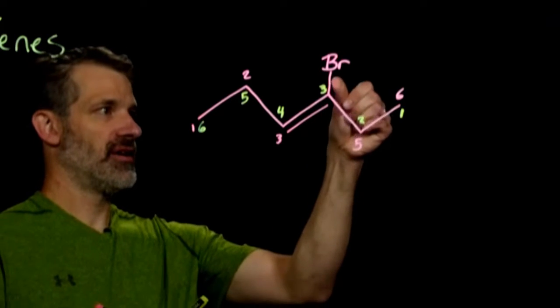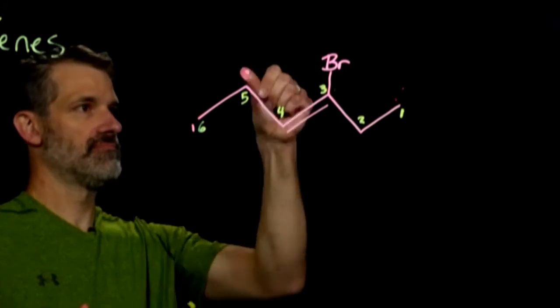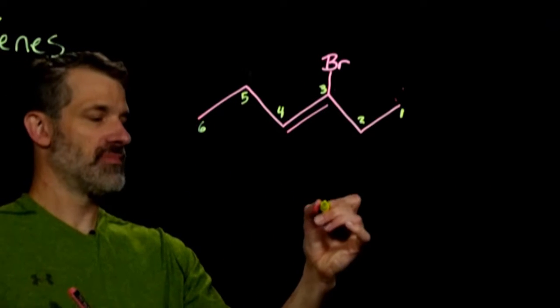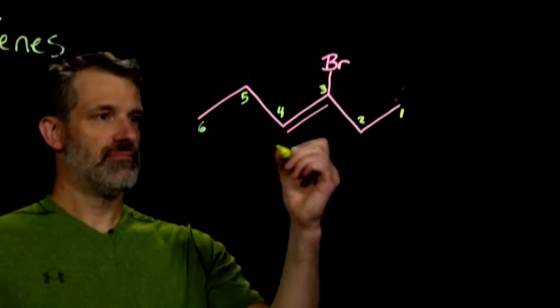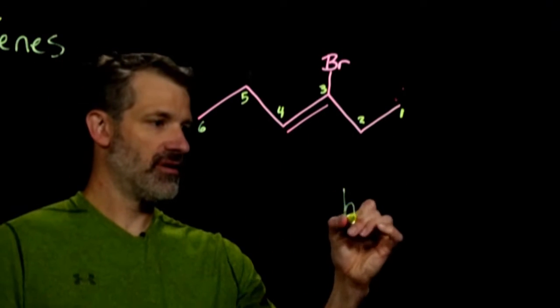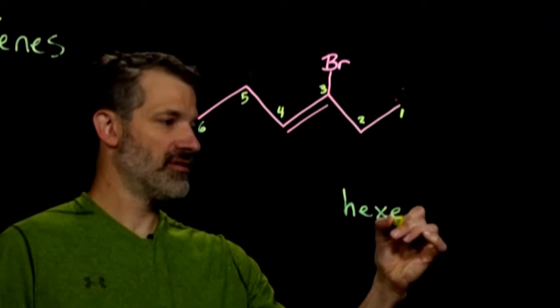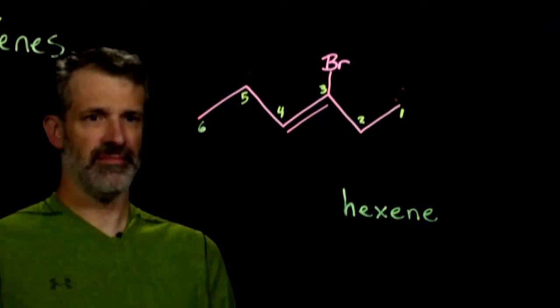So my correct numbering goes from right to left. My parent chain is 6 carbons. That's hex. Hexane is going to switch over to hexene.